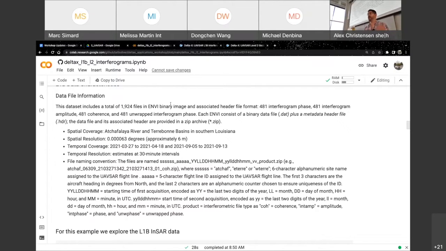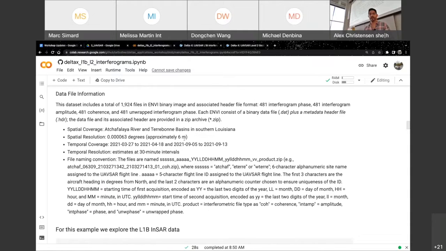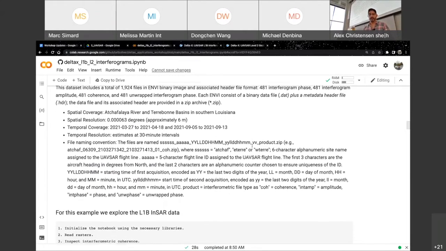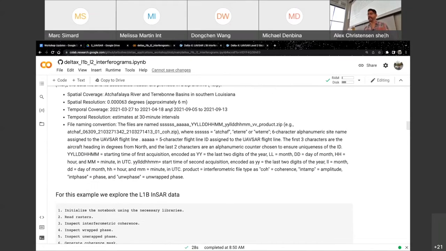Remember, level 2 is geocoded, level 1B is not. The pixel size is similar, 6 meter. Temporal coverage, it covers the same temporal as the time series. So we have one spring, one fall, being a spring for March 27 to April 18, fall September 5th to September 13. And acquisitions approximately 30 minutes apart.